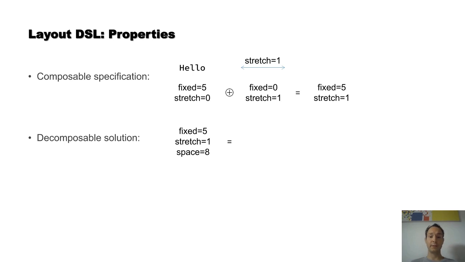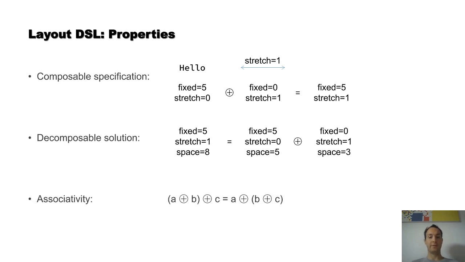Given the final dimension and say a physical space of size 8, we know we can give 5 columns to the fixed part and the 3 remaining columns to the stretchable part. Finally, the concatenation operator is associative, which is both very natural for the user and nice for performance.